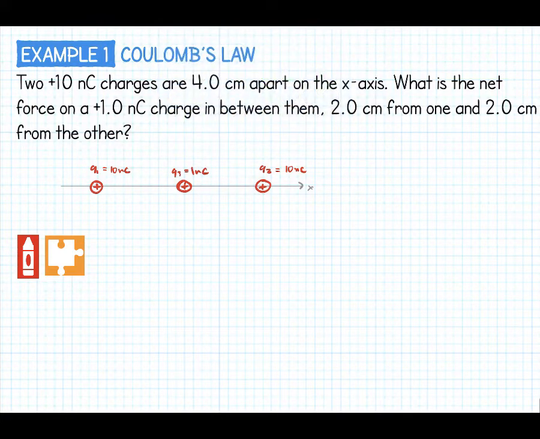Now the distances between these things, we see this is 4 centimeters, and then we also see from here to here. Draw that better. We have 4 centimeters from here to here, and then we have 2 centimeters and 2 centimeters.